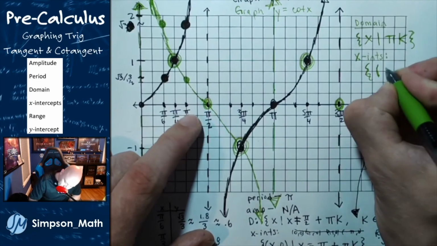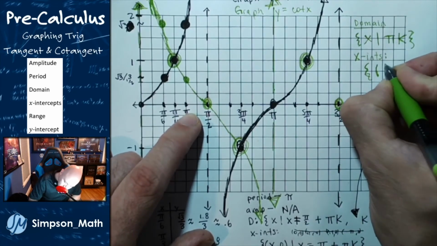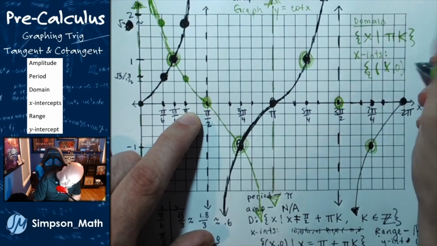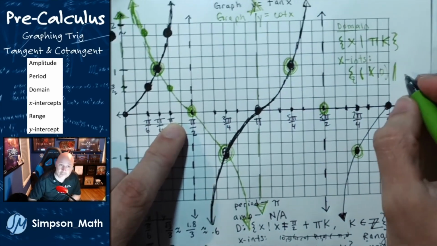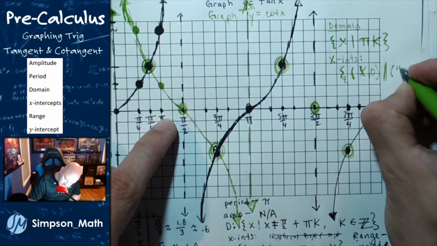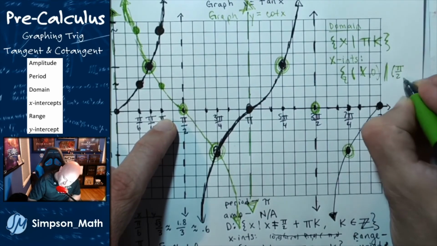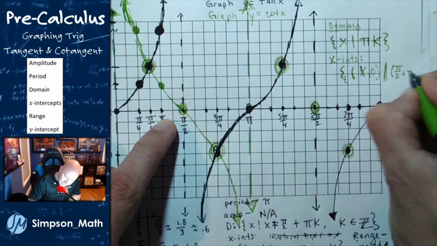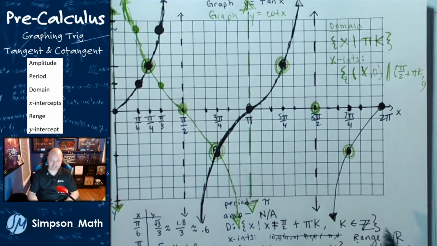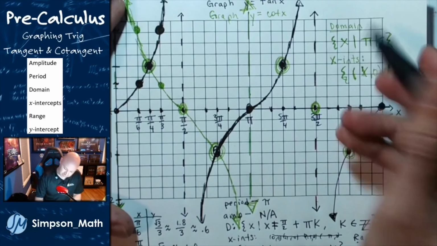So I'm going to say x comma 0 such that, list a good one. So I'm listing a good x-intercept, pi halves plus pi k comma 0. Oh my gosh, I ran out of room. It looks hideous. Let me try that again.